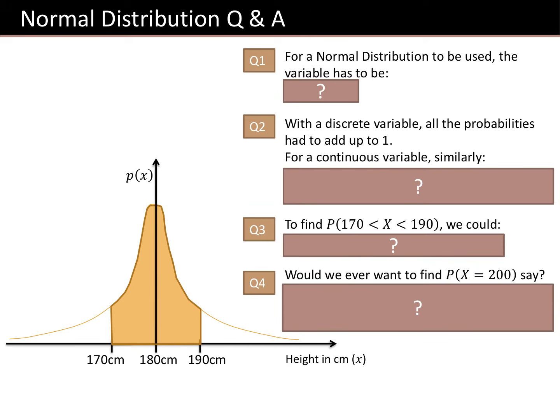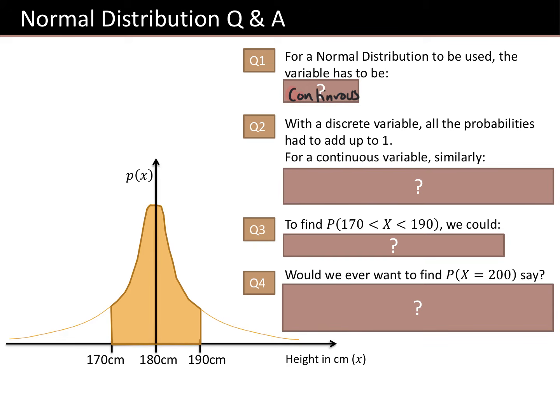Okay, so for a normal distribution to be used, the data has to be continuous. We can only use this on continuous data. With a discrete variable, all the probabilities have to add up to 1, okay?